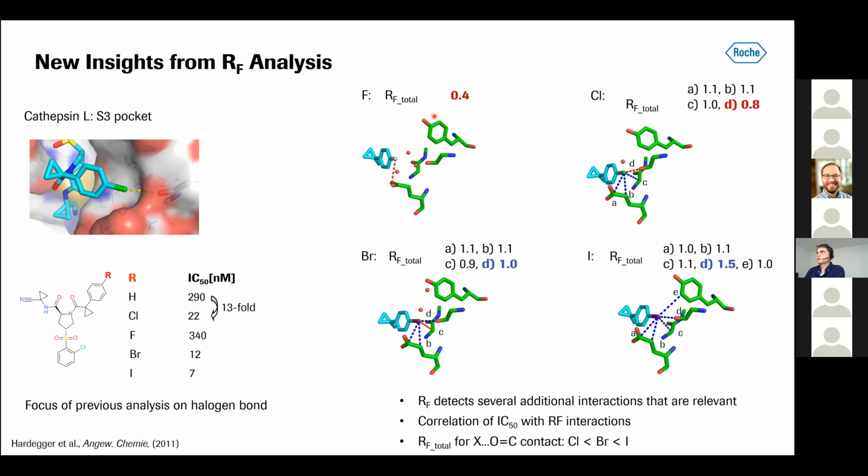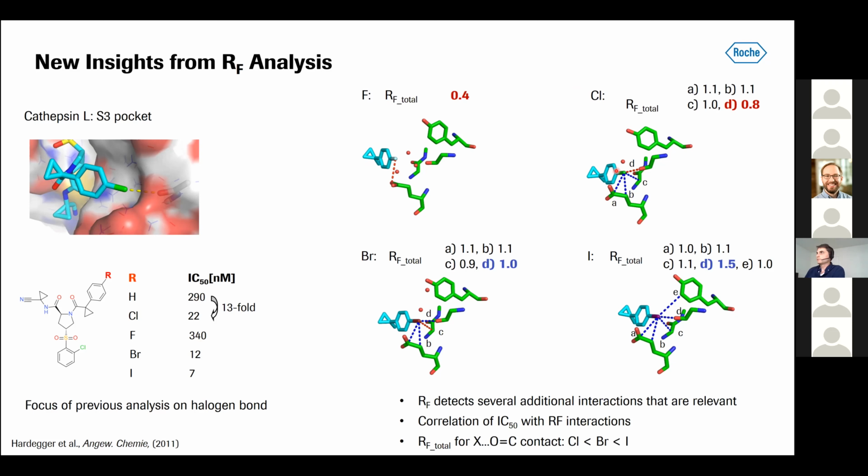And so for the fluorine, we have a very low RF value. We only have one interaction to this carboxylate group here, which is of course unfavorable because of desolvation and electrostatic aspects. Now, when we insert the chlorine, you can see that it makes the halogen bond, but it is in plane of the carbonyl group.